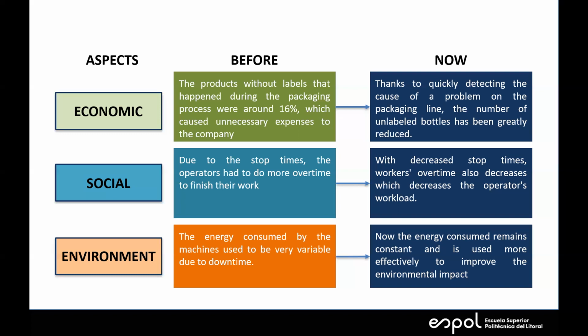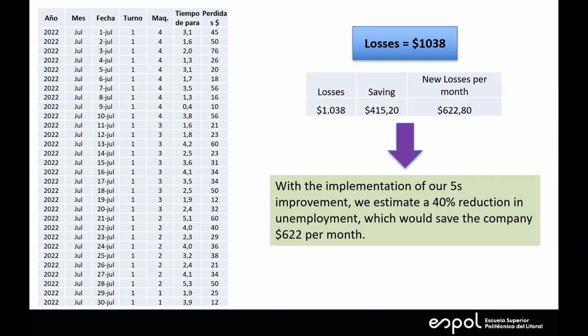And the environmental aspect: before, the energy consumed by the machine used to be very variable due to downtime. Now the energy consumed remains constant and is used more effectively to improve the environmental impact. The economic benefit: we had losses of $1,038.